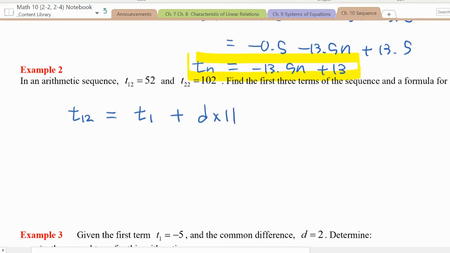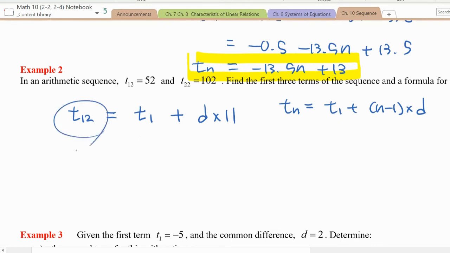If you're not used to this, just look at the formula. The formula is Tn equals T1 plus n minus 1 times d. If it is the 12th term, you have the first term T1 plus the common difference times 11.